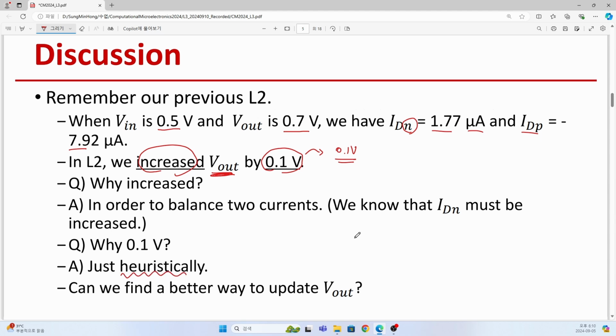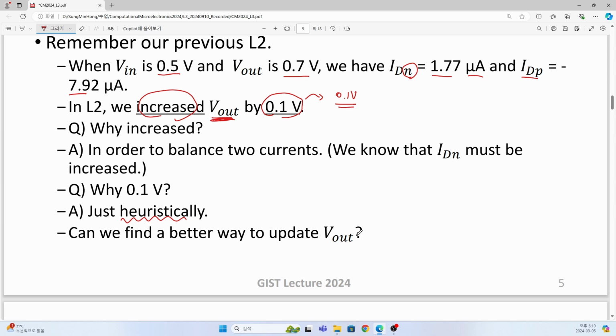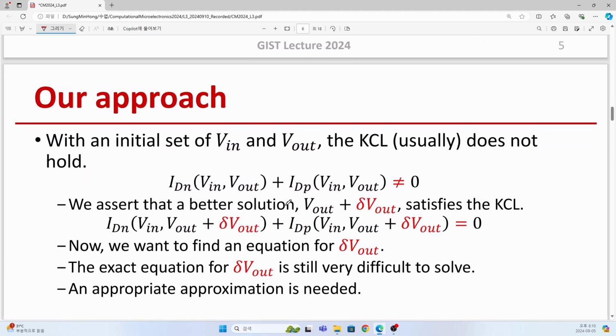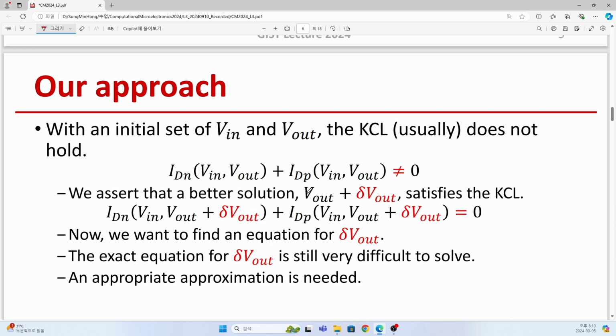So, can we find a better way to update V out? Yes, we can find it, and the Newton method, the main topic of our today's lecture, will be the right choice for our situation. Okay, so I will try to explain it. Our approach looks like this. With an initial set of input voltage and output voltage, this is just a fixed number, so V out is the only unknown variable we want to calculate.